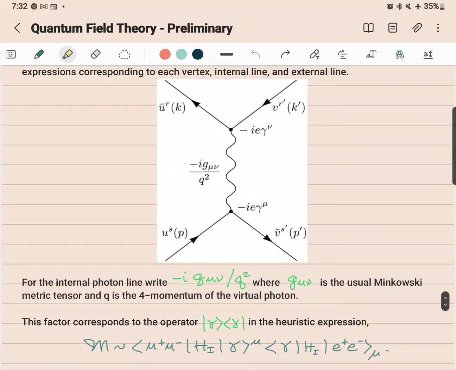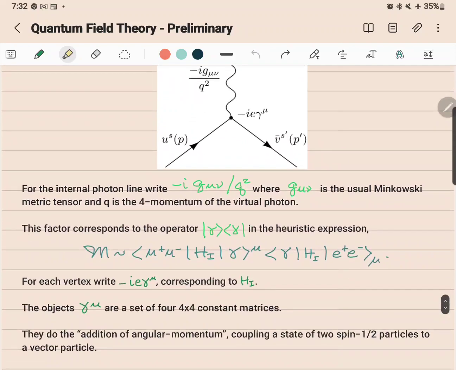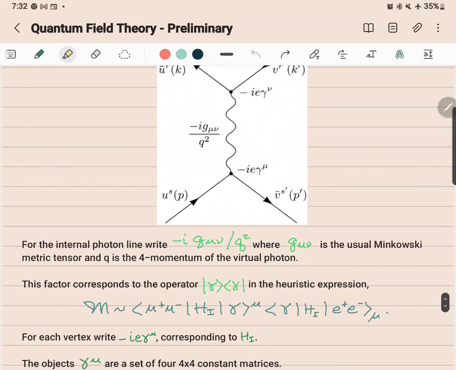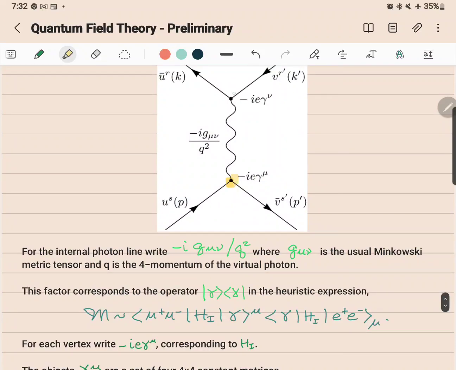This corresponds to the gamma and gamma in the heuristic expression of M, the amplitude that we discussed earlier. For each vertex here, you have only two vertices. You have to write a factor negative i e gamma mu. This is the Feynman rule already, corresponding to the H_I.